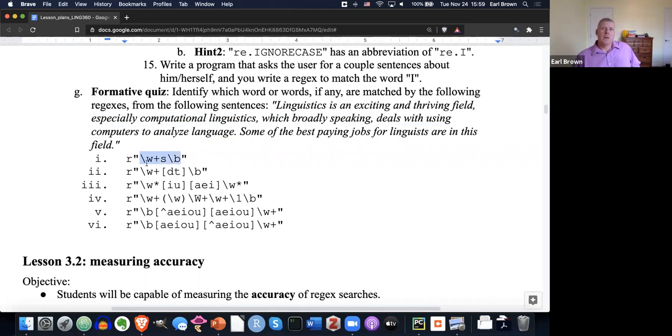So if we threw this regular expression at these two sentences, how many of the words that have word final S actually are third person singular verbs? We have one here, "is", we could call that a third person singular. It is, right? Because he is, she is, the professor, whatever. "Deals" with using computers is also a third person.